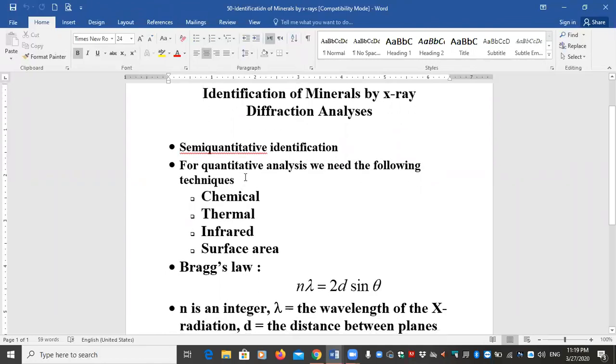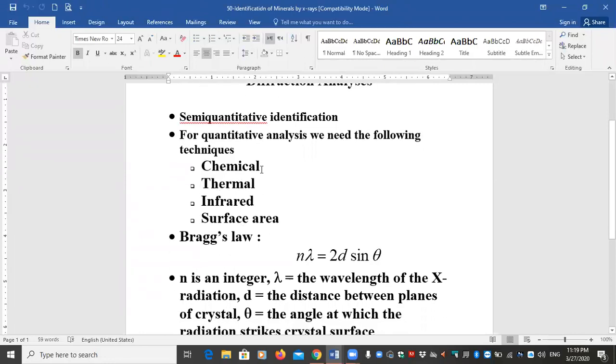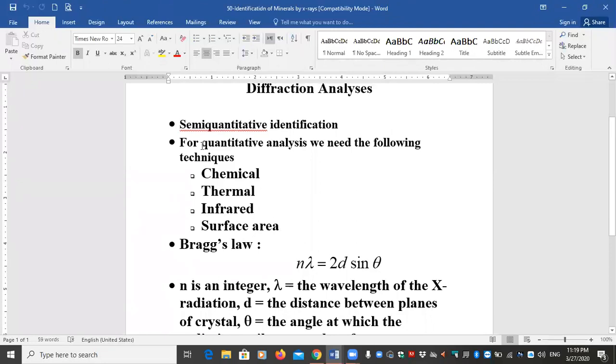If you want to determine how much you have of any silicate clay in the soil, you have to use chemical methods, thermal methods depending on temperature, infrared, surface area, like we have just said, you saw the differences in surface area. You can use all of these or some of them together to do the quantitative analysis and find the exact amount of any of them in the soil.